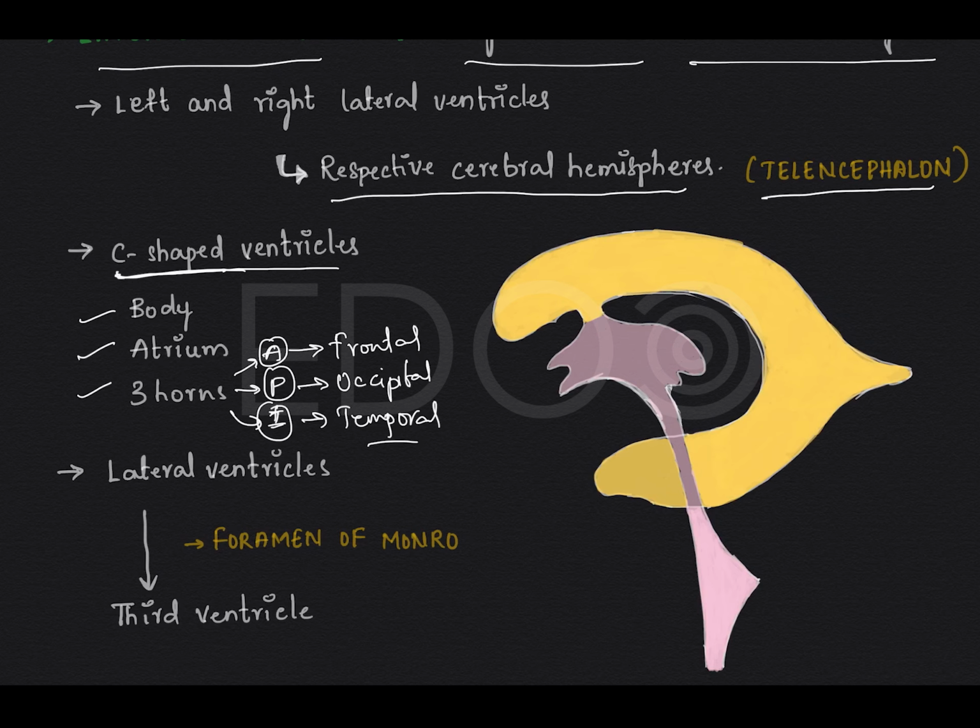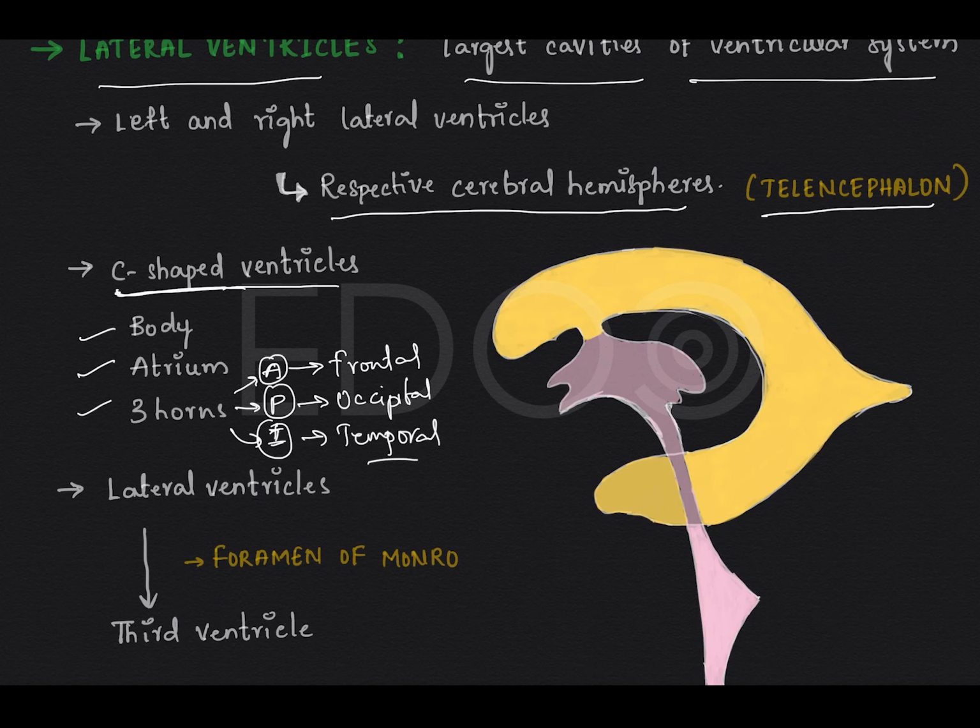Next, let's see in the diagram. So this is the anterior horn of lateral ventricle, and it is body or central part, and here it is the atrium, and this is the posterior horn, and this part is the inferior horn.